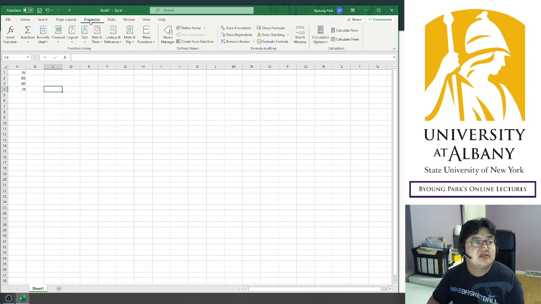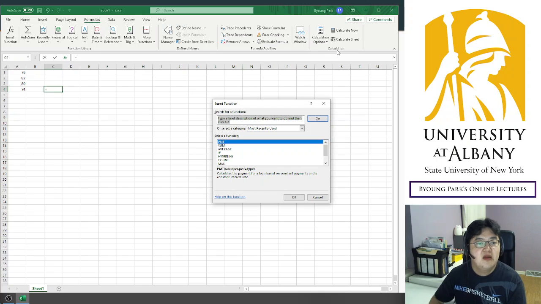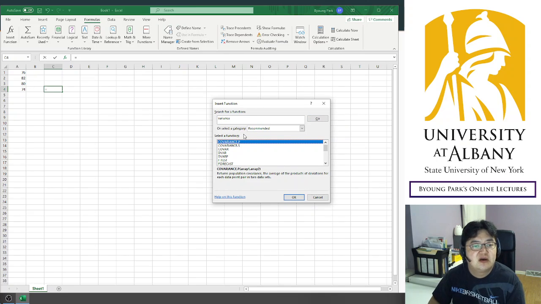Here, let's think about this formula, insert function. If you search for variance, there are two formulas.